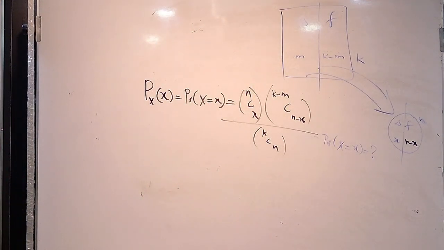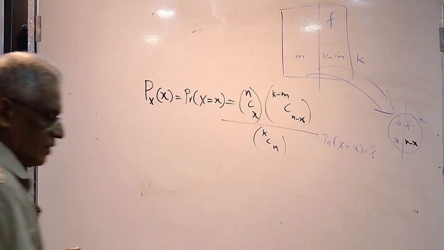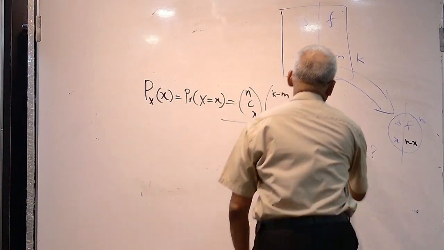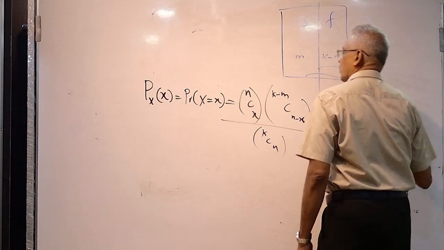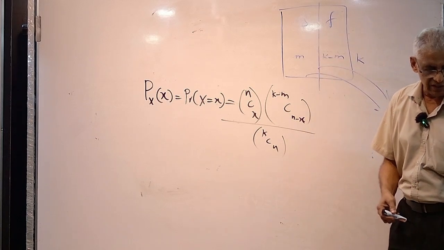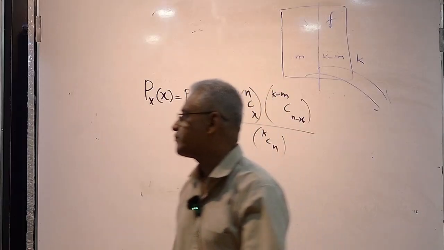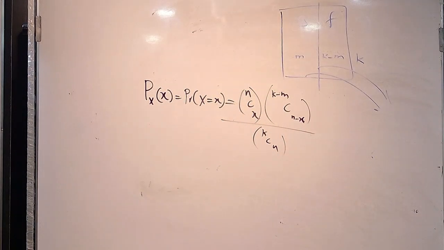So in this case we say x has a hypergeometric distribution. What are the values that x can take in this case?